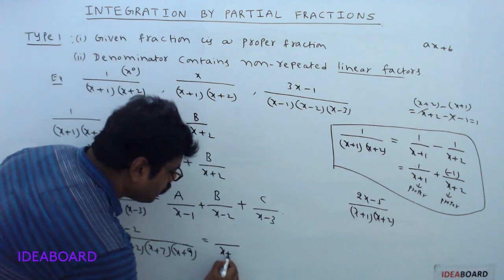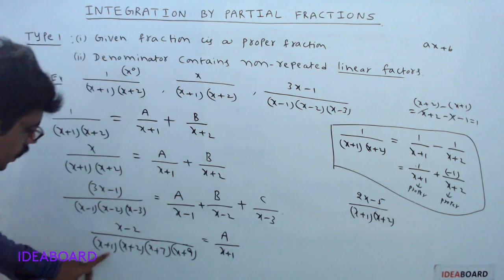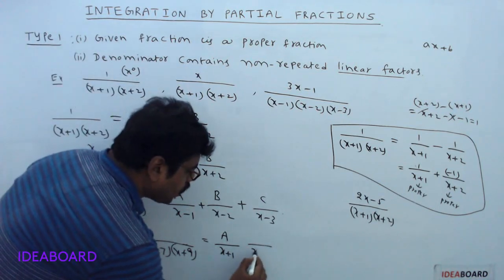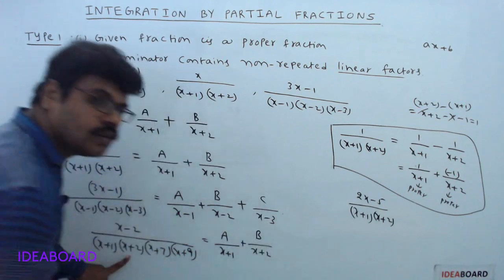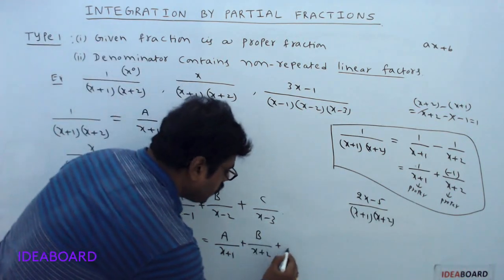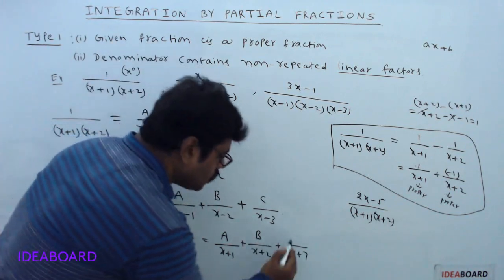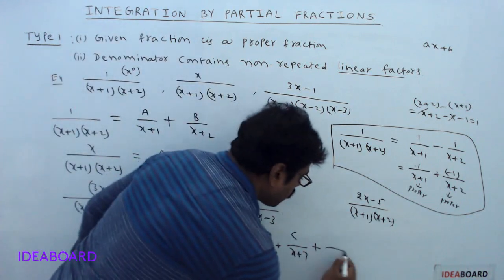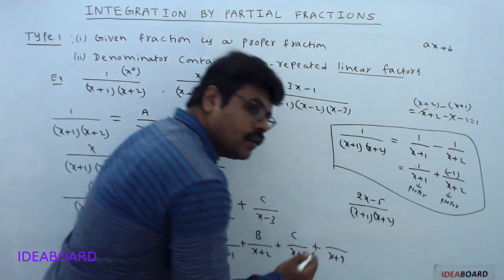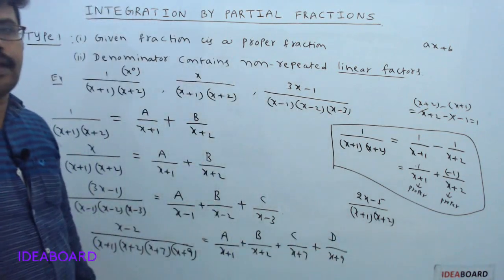Corresponding to this non-repeated linear factor, you can write down a constant term in its numerator. Corresponding to this non-repeated linear factor, you can take a constant term in its numerator. Now corresponding to x plus 7, you can take a constant term in its numerator, let it be c, plus finally corresponding to x plus 9, you can take a constant term, let it be d, in its numerator.